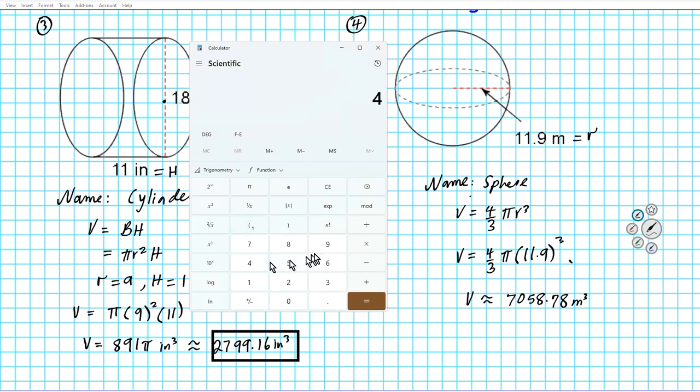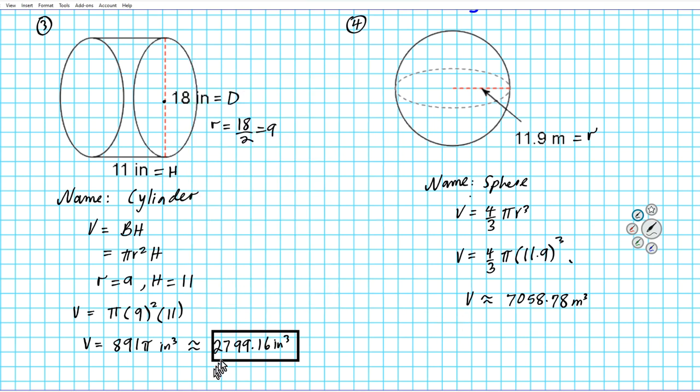So we have 4 divided by 3 times pi times 11.9 raised to the third power. And there you go, 7,058.78 to 2 decimal places. That's your answer to question number 4.